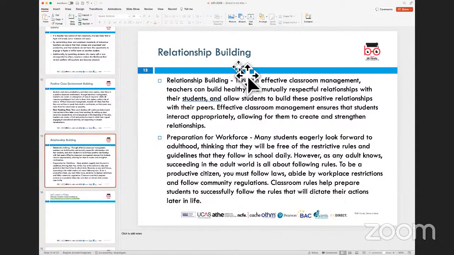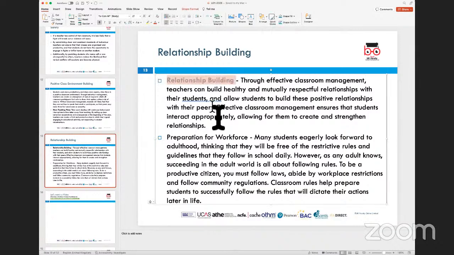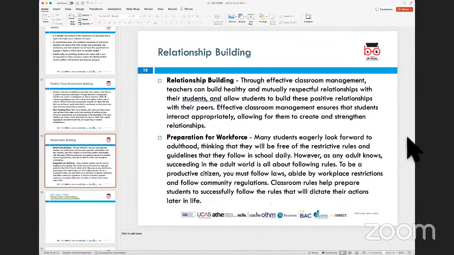Last but not the least, what I would do is mention, when we talk about classroom dynamics, we also talk about relationship building. Now, through managing the classrooms effectively, teachers can actually build a healthy and mutually respectful relationship with students. This is seen as a case in point example that if your lectures are interesting, if your lectures are interactive, if your lectures have the right mix of questions and activities and icebreaker sessions, you generally feel that the students essentially enjoy being in your class.